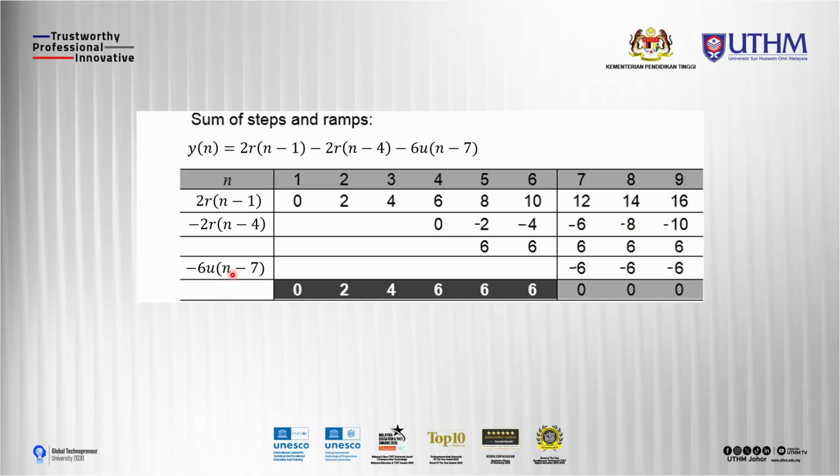So unit step n minus 7, because the location starts at n equal to 7. You combine these three. So the sum of the ramp and unit step functions can be written as 2r[n minus 1] minus 2r[n minus 4] minus 6u[n minus 7] to represent the values 0, 2, 4, 6, 6, 6. Do you get it?